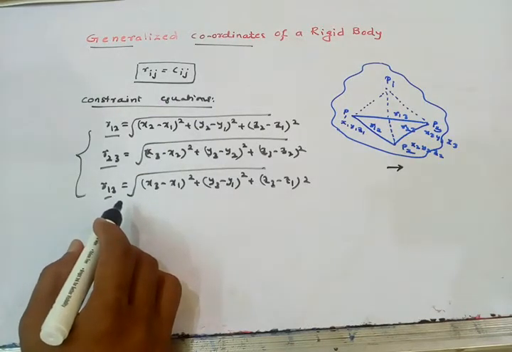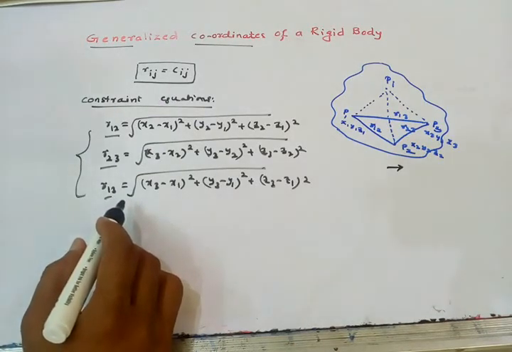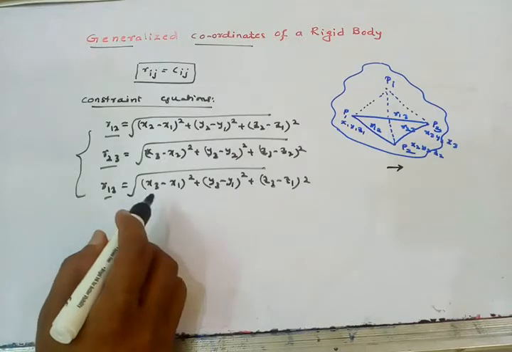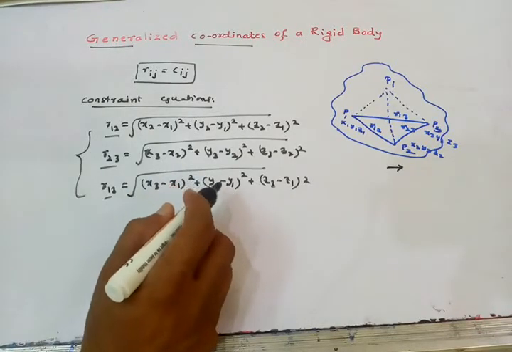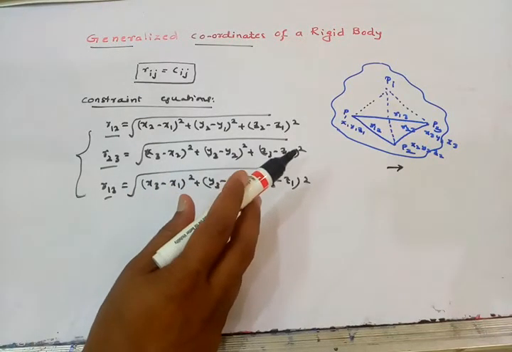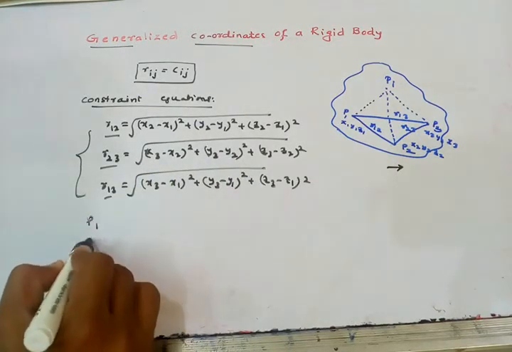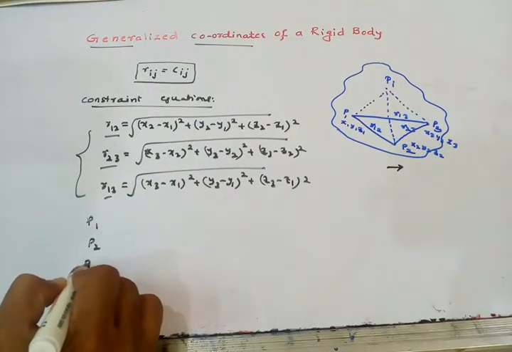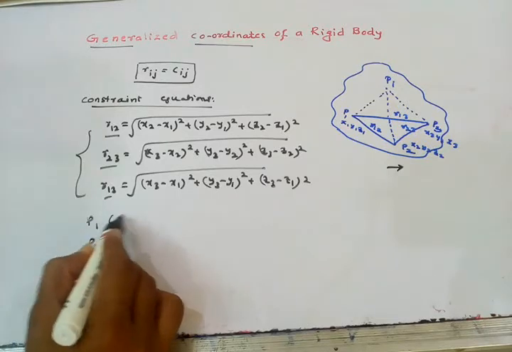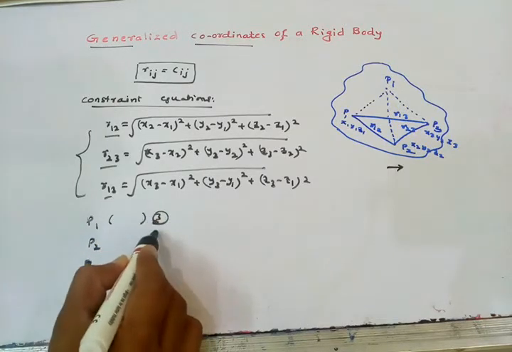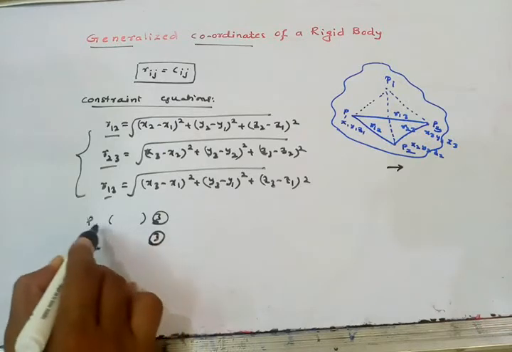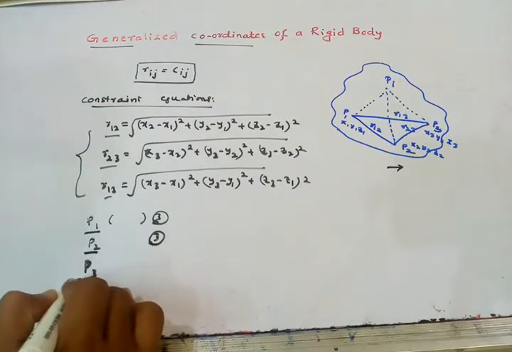So for a rigid body, how many degrees of freedom are required to specify a rigid body? I have taken here P1, P2, P3. For each of these three particles, three coordinates are required to specify a particle in space.